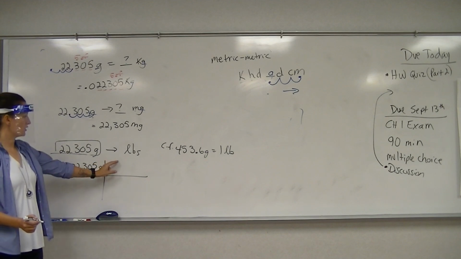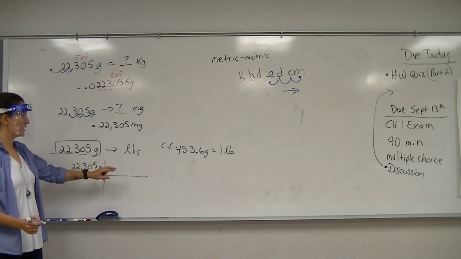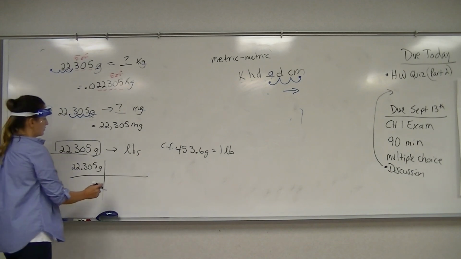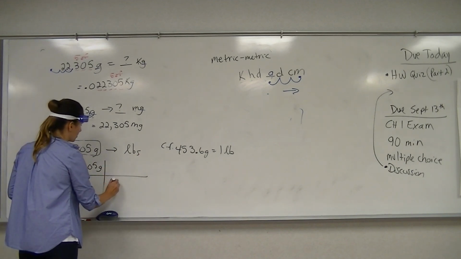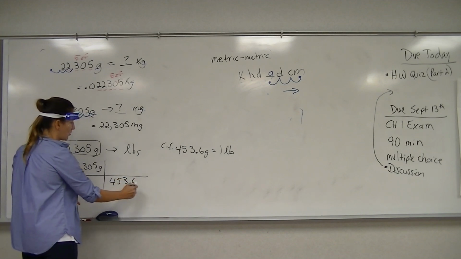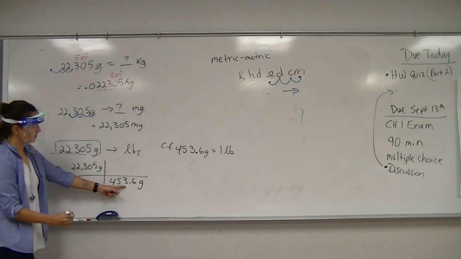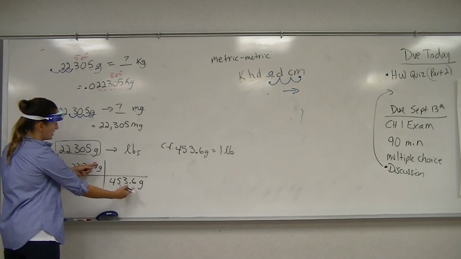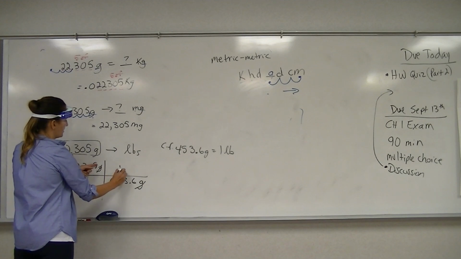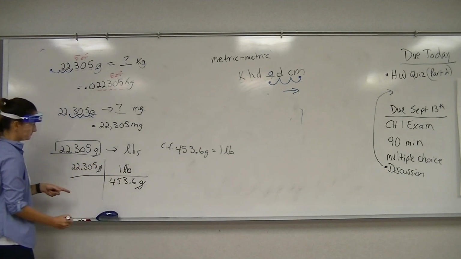I just want to make sure to put it so that I'm canceling out what I don't want and keeping what I do. So grams is going to go on the bottom, right? We want grams, the 453.6, down here in the denominator so that they're on opposite sides of the horizontal line and they cancel. That's going to put the 1 pound on the top.